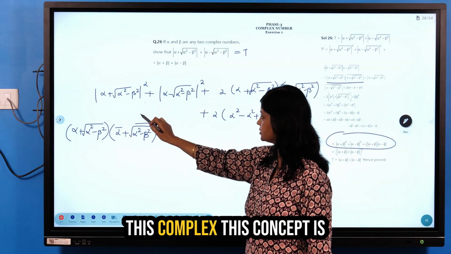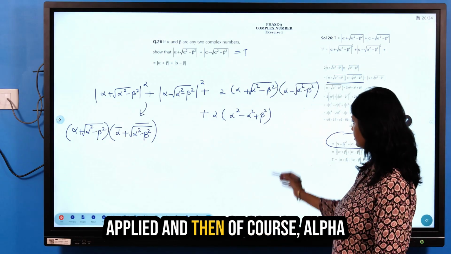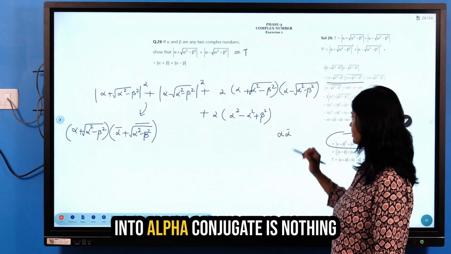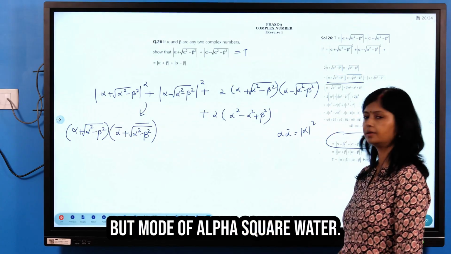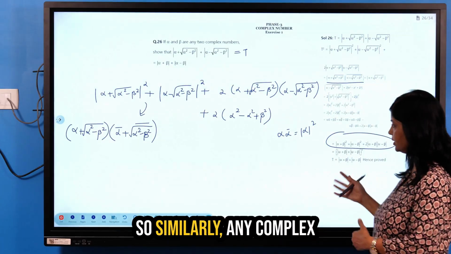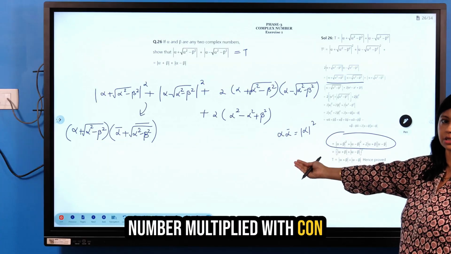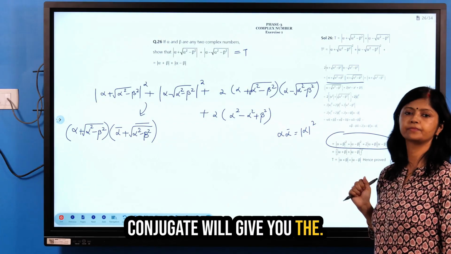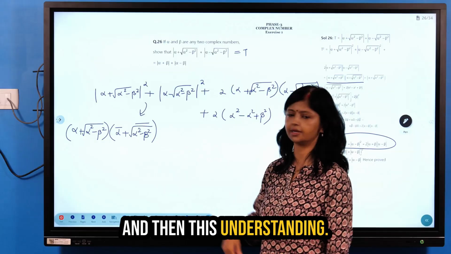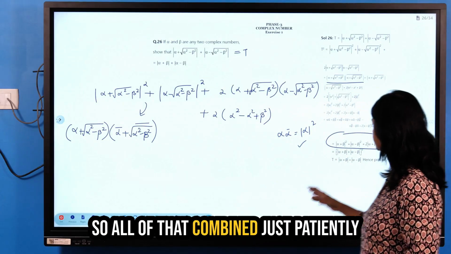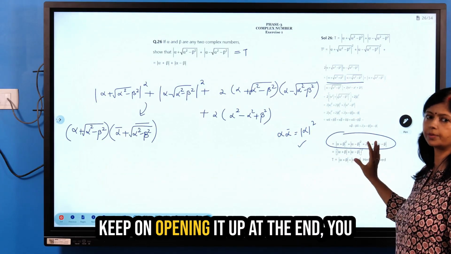Here, this concept is applied, and then of course, alpha into alpha conjugate is nothing but mod alpha square. So similarly, any complex number multiplied with its conjugate will give you the mod square. So this understanding and then this understanding. So all of that combined, just patiently keep on opening it up.